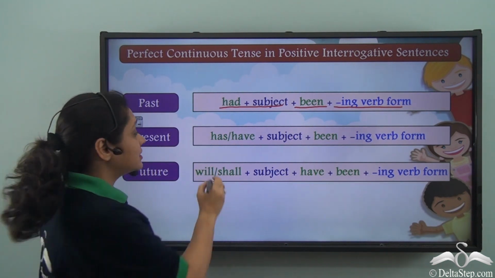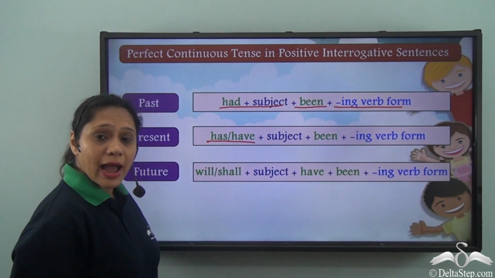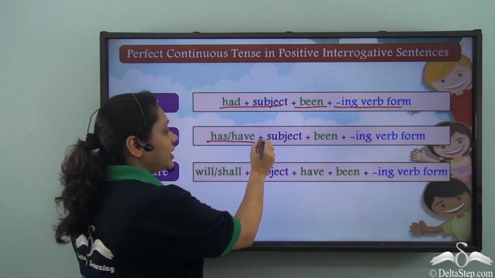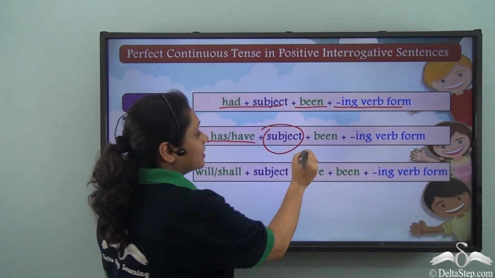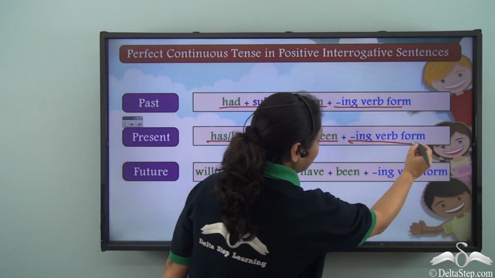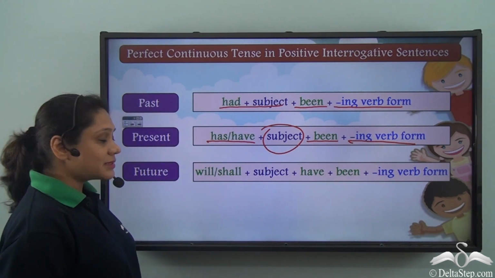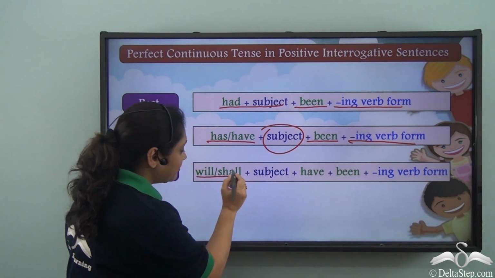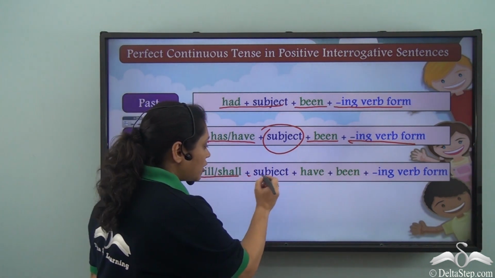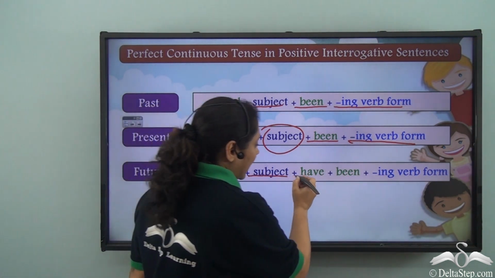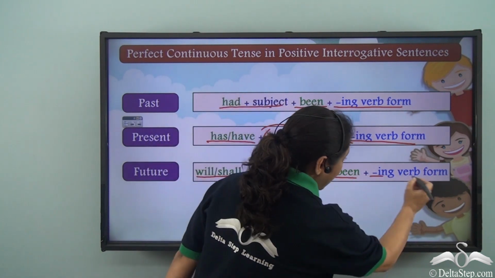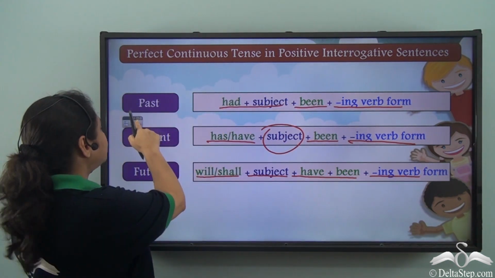In the present, we use has or have depending on the subject, followed by it, followed by been and then the ing verb form. In the future perfect continuous tense, we can write the sentence as will or shall followed by the subject, then have been and then the ing verb form.